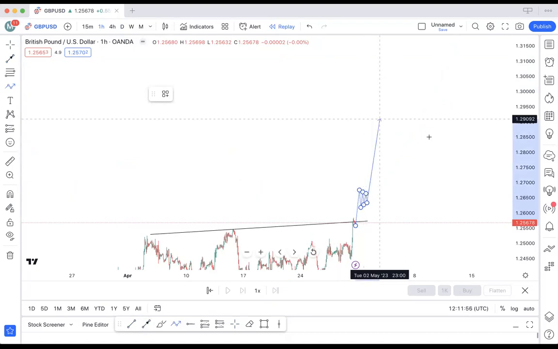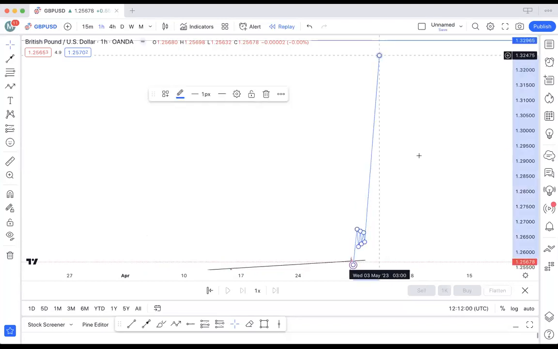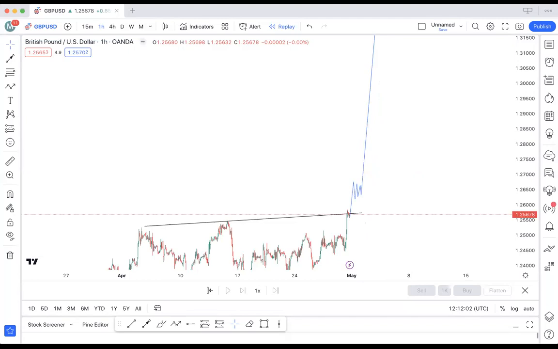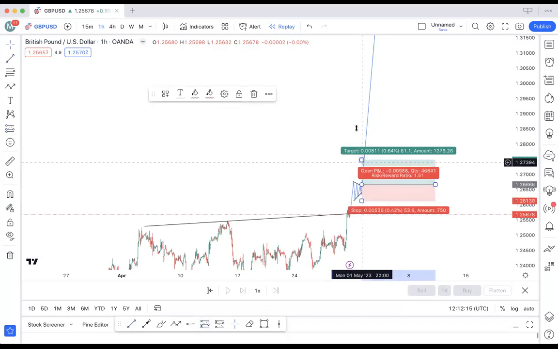So if you can get a combination of that, then that is when you can execute on our buys. Like so.